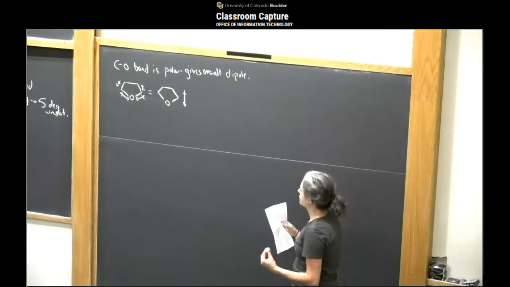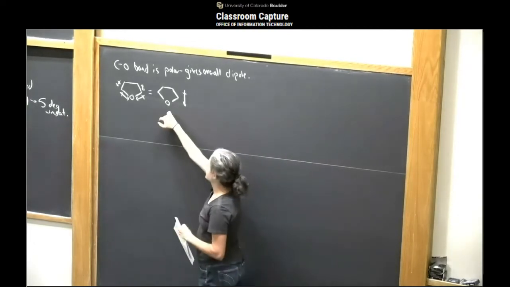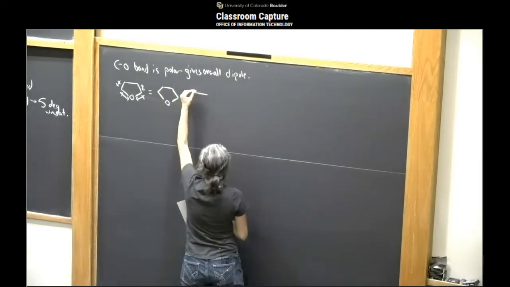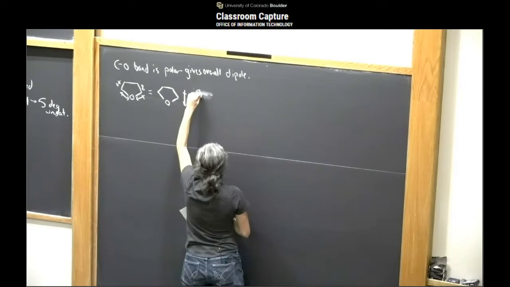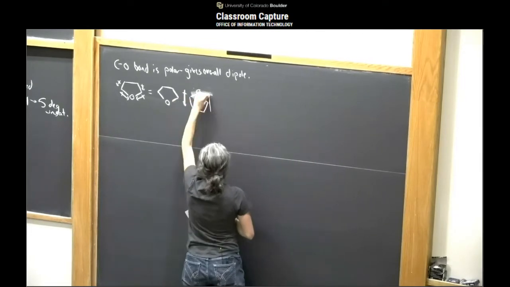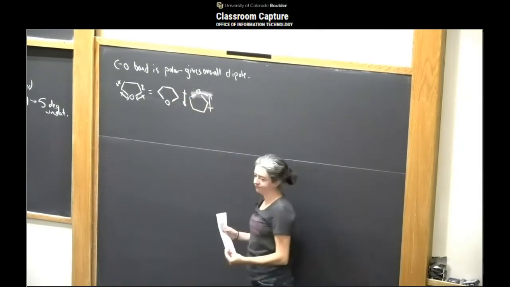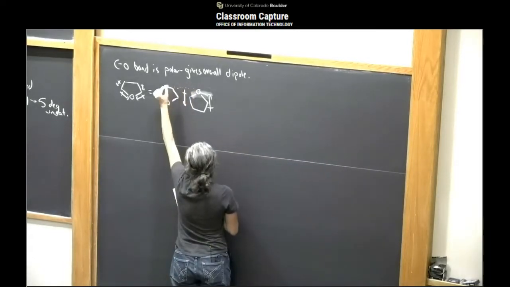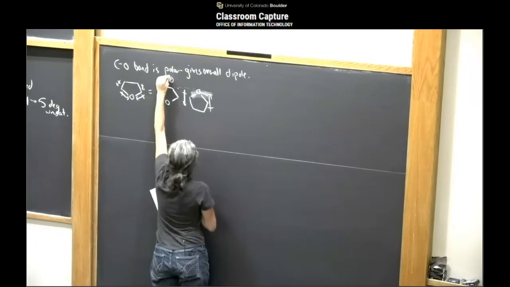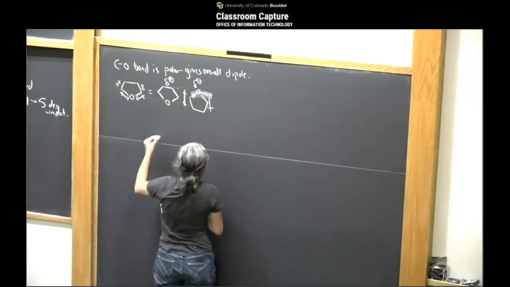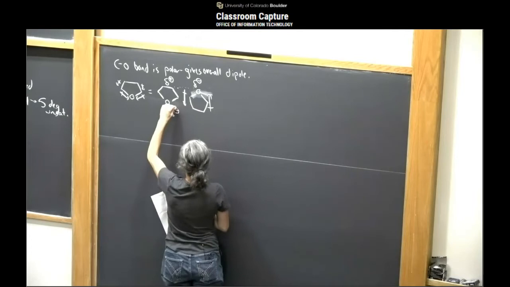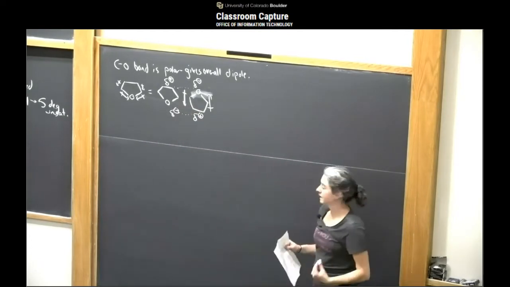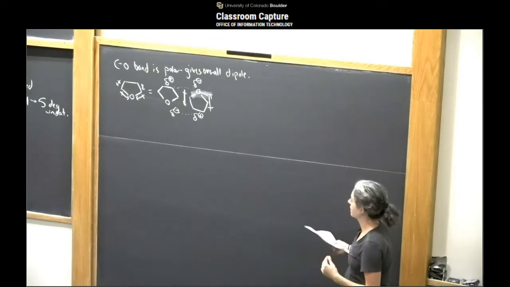Okay, so this whole thing has delta negative on bottom, delta positive on top, which means that if it happens to line up with a neighboring one that's pointing the opposite way, you're going to get some attraction between the delta positives over here and the delta negatives over here, and vice versa. The delta negative over here is going to be just a little bit stabler and happier being in proximity to that delta positive on the other molecule.